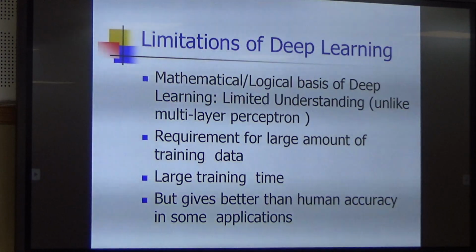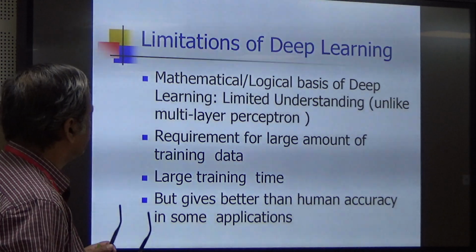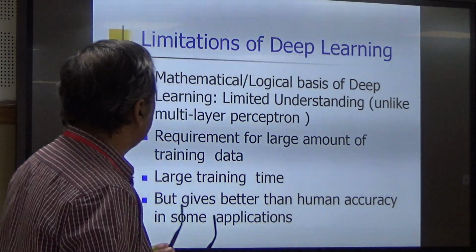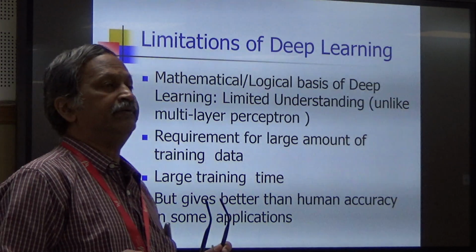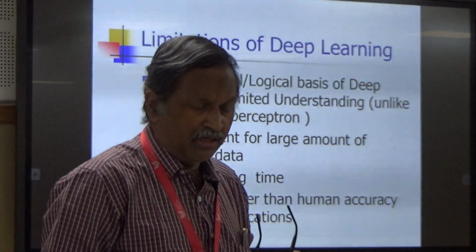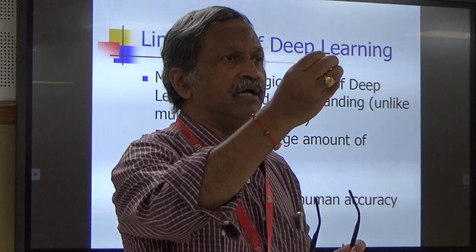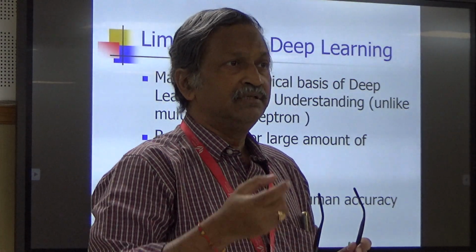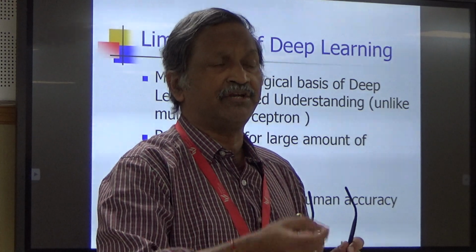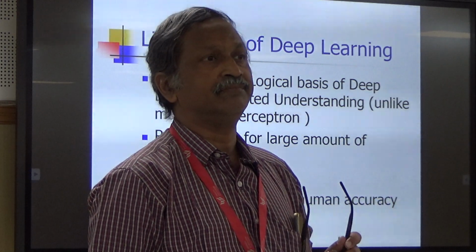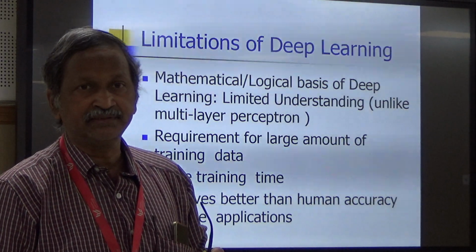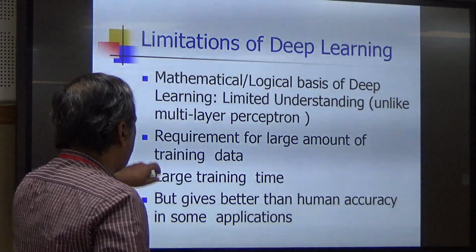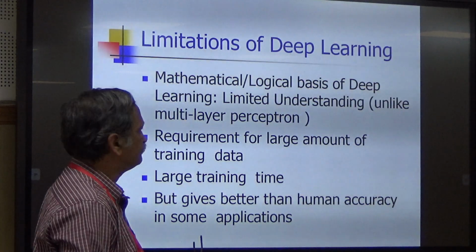Even though the mathematical foundations, or the logic, of deep neural networks is limited, when you take some ANNs, there is a clear explanation why they are working correctly. But with respect to CNNs, that logical basis is really not there.